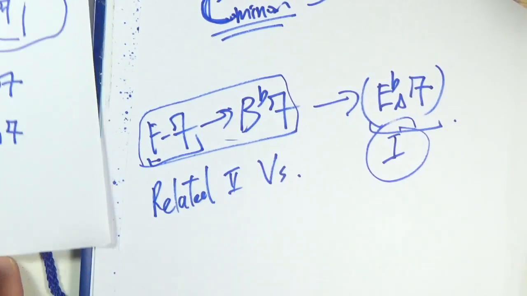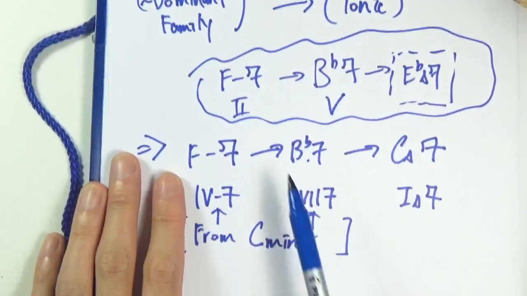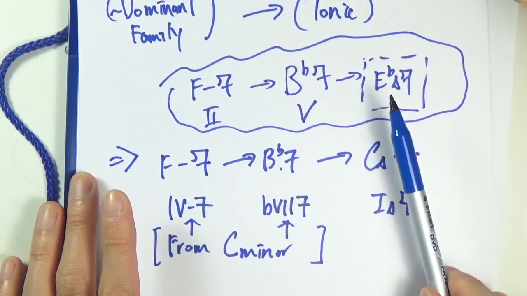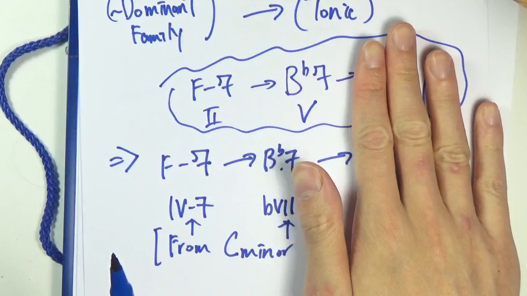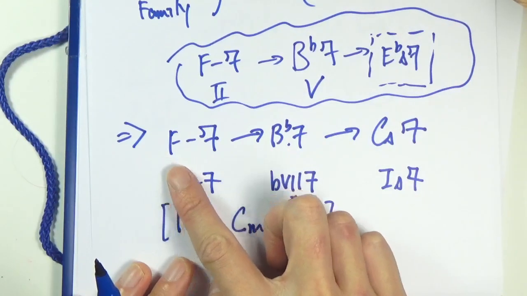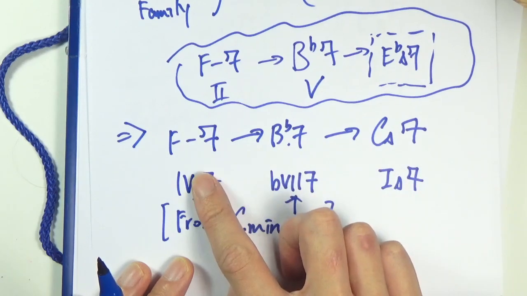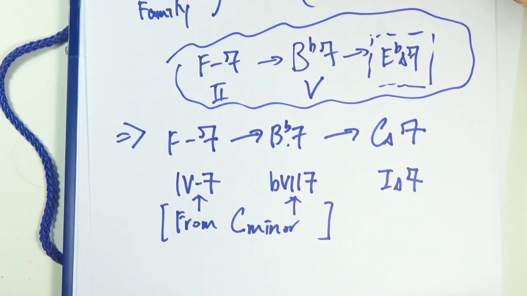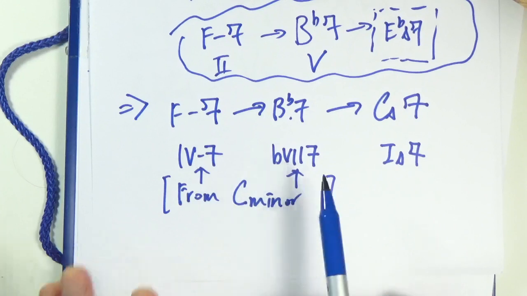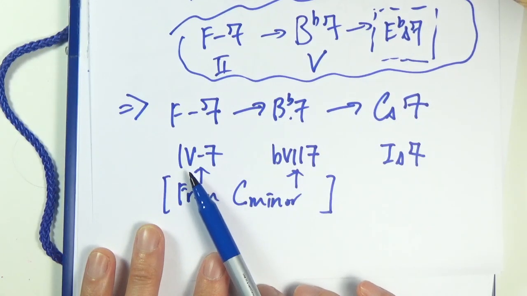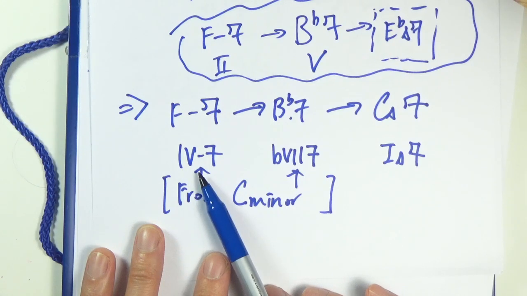So what if I plug this chord progression back in here? Instead of F minor 7, B flat 7 to E flat major 7, what if I ignore the E flat major and just put the related 2 here? Then it would become F minor 7, B flat 7, and also C major 7. If you analyze this whole thing, F minor 7 is really a 4 minor 7.